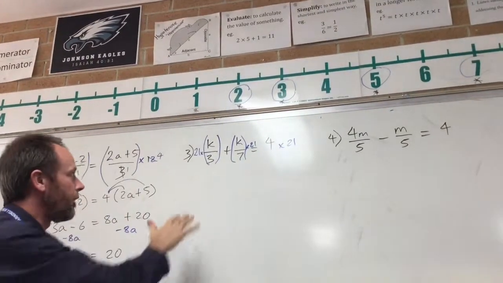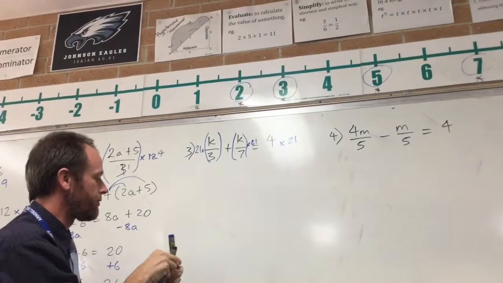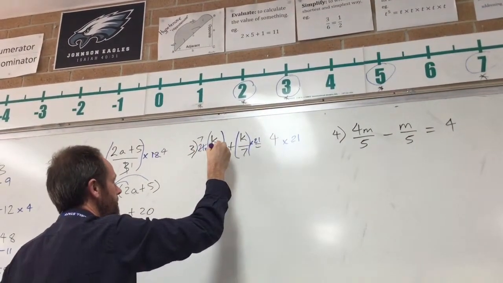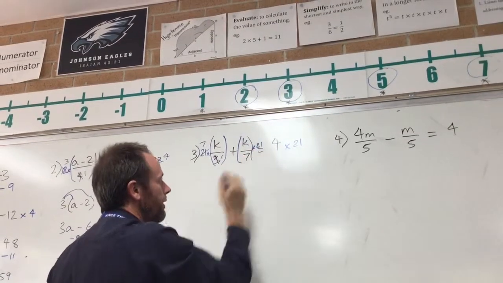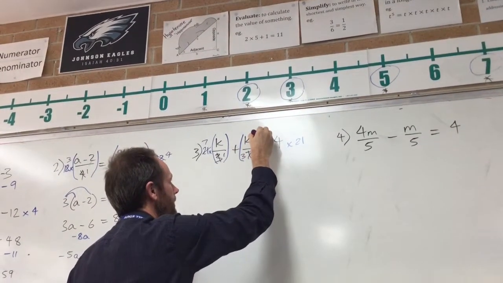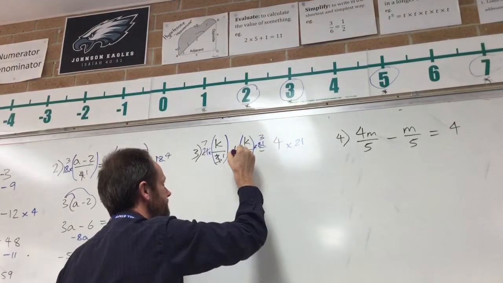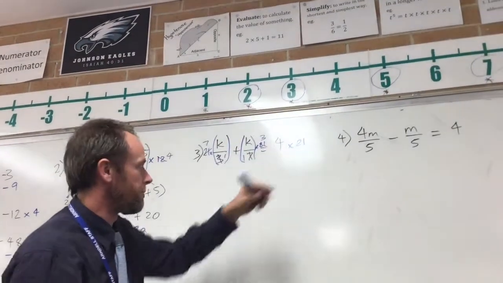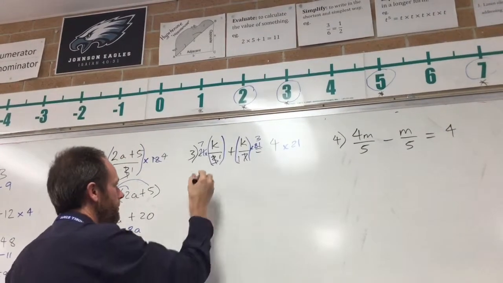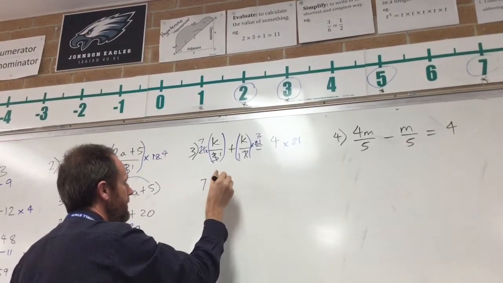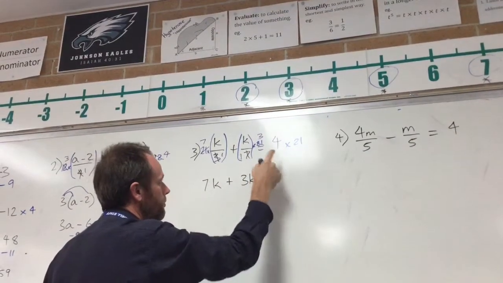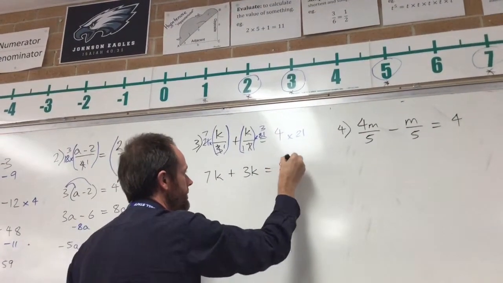Now when I multiply by 21 here and divide by 3, I can actually simplify that to 7. When I multiply by 21 and divide by 7, I can simplify that to 3. And that will just be 4 times 21. Let's work it out. Up the top here, first one is 7k plus 3k equals 4 times 21, which is 84.